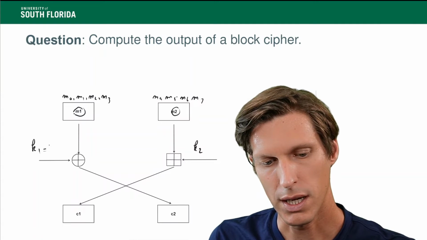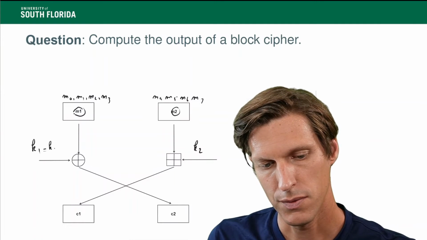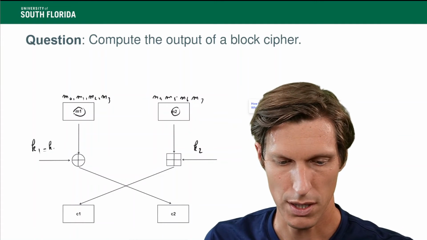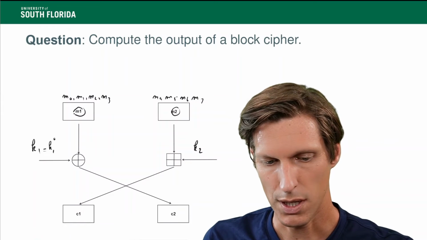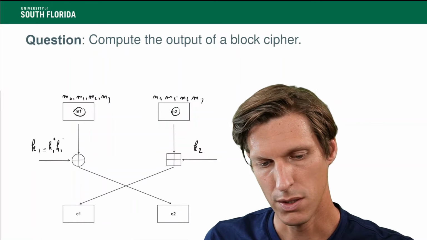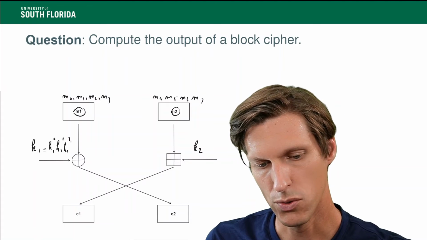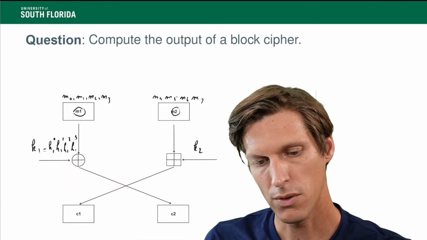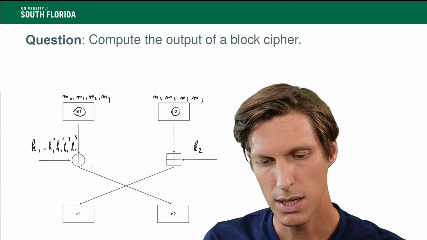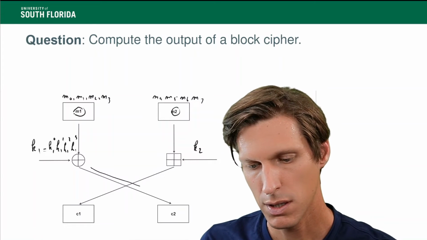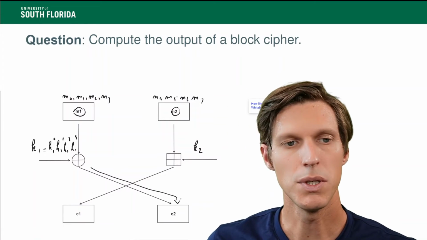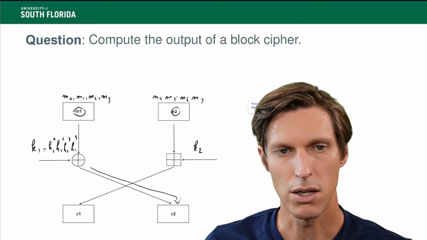So I could call that, say, K. So K1,0, K1,1, K1,2, K1,3, okay, and I do the XOR bit by bit, and I get something here that is going to go here to be the right-hand side of the output.